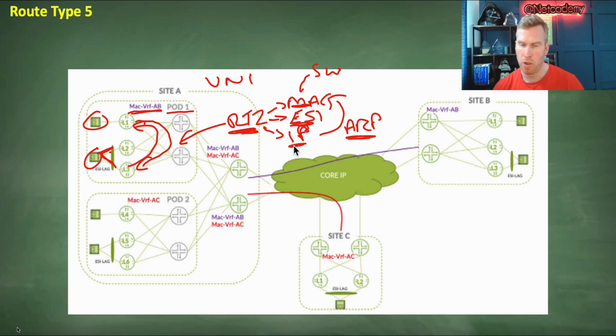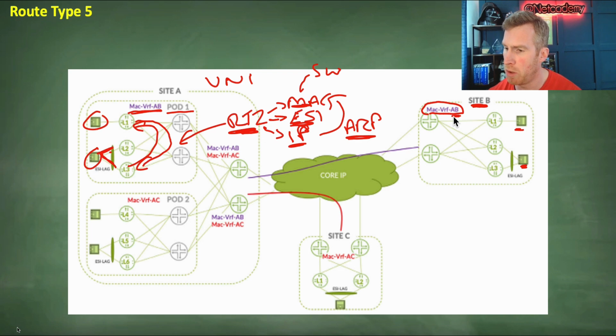Thus they know who's connected to what, where, and if it moves, those are updated via different packet types like the route type 1. But the problem here is, and it's not a problem, but the scenario here, I should say, is that site B has the same MAC VRF with all tenants here, however many there are in MAC VRF AB.